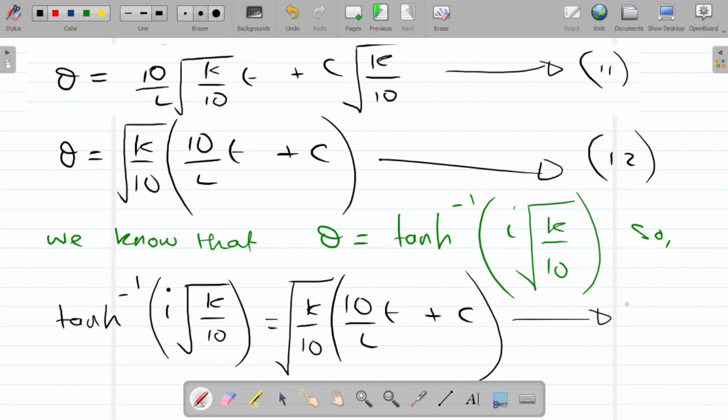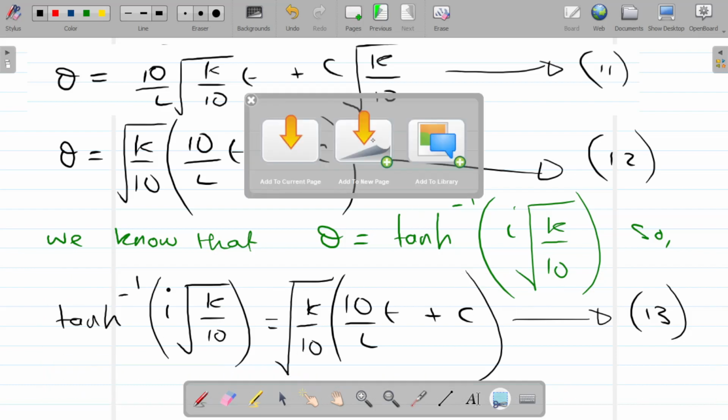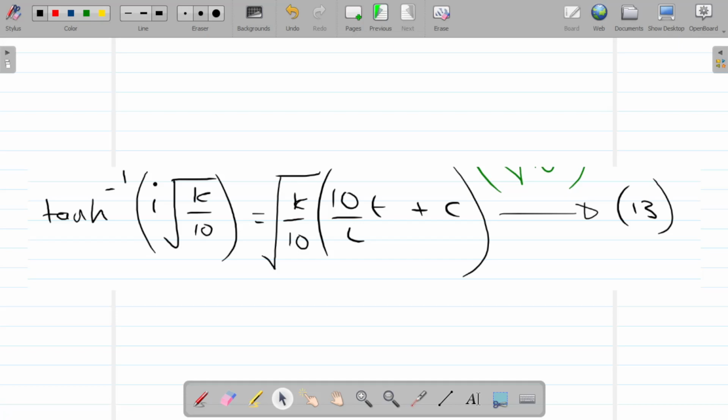And we call that equation 13. Right, so now what I'm going to do is cut and paste that equation.